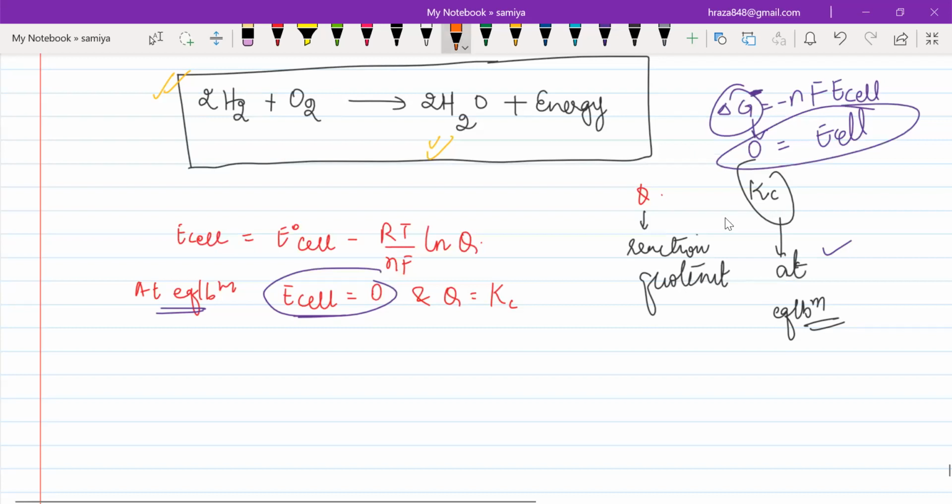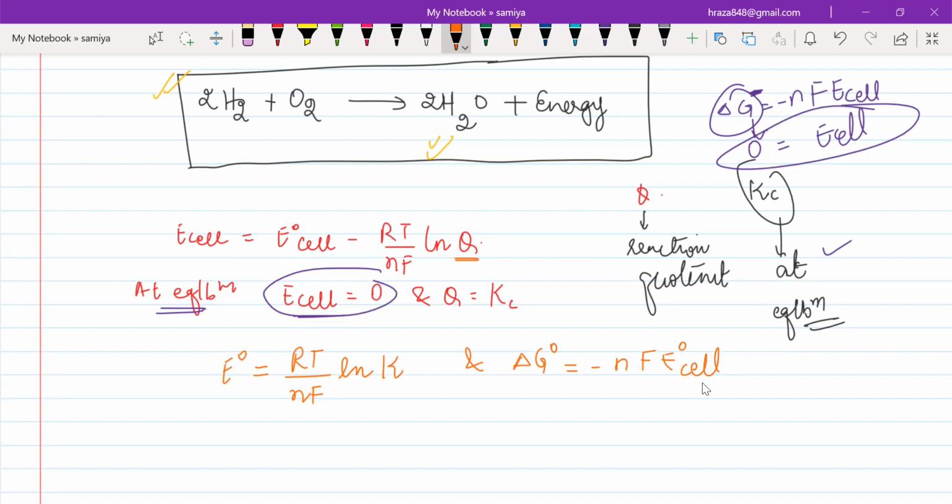So E cell is equal to 0. That means I can write directly E naught will be equal to RT upon nF ln K, because at equilibrium Q will be converted into K. And we know that delta G naught will be equal to minus nF E naught cell.